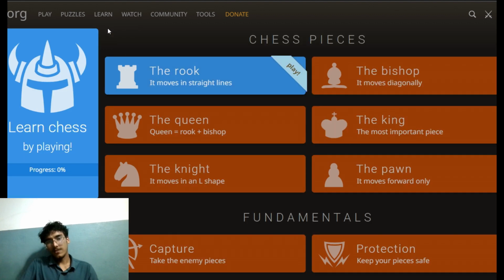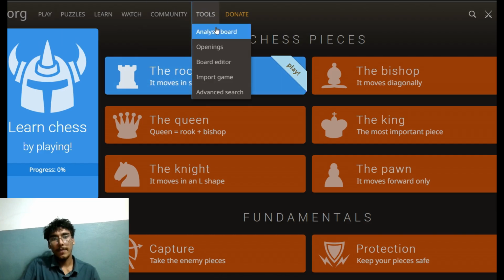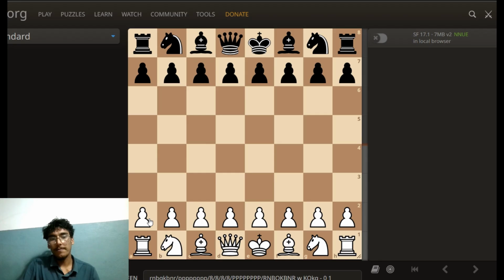So in basics, we have different kinds of pieces like I said earlier: rooks, knights, bishops, one king and one queen.